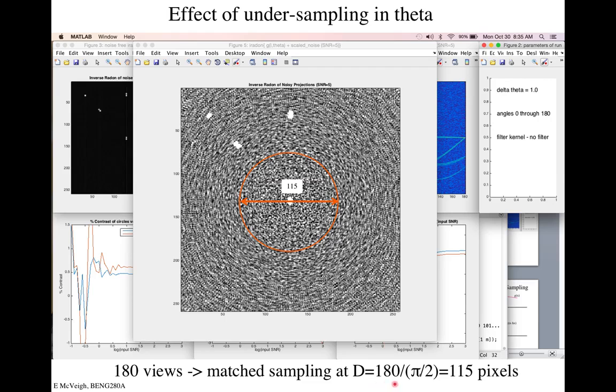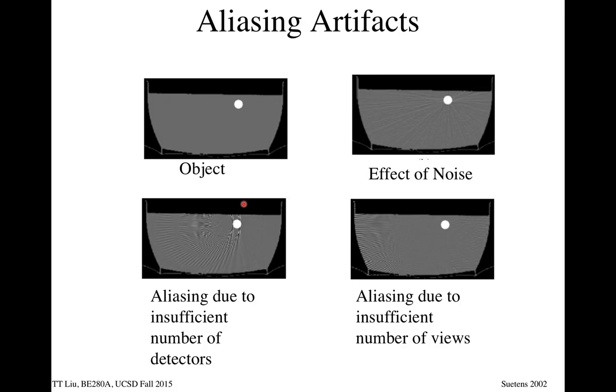It turns out that it's the number of projections divided by pi over 2. So for 180 projections in this instance, the diameter I can achieve is 115 pixels. And we'll see how we derive that.